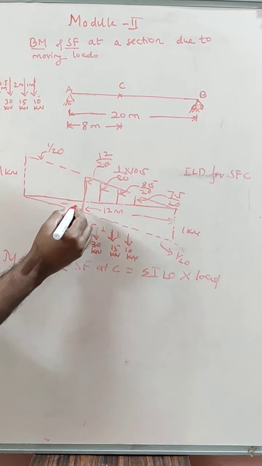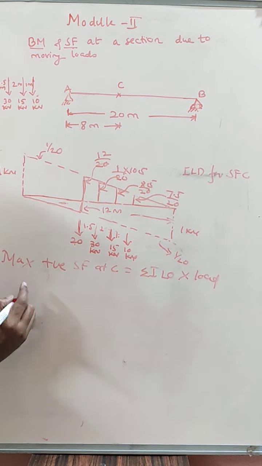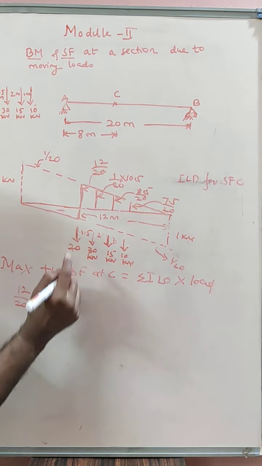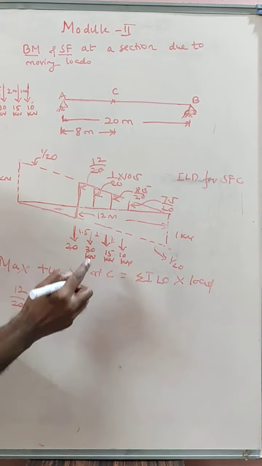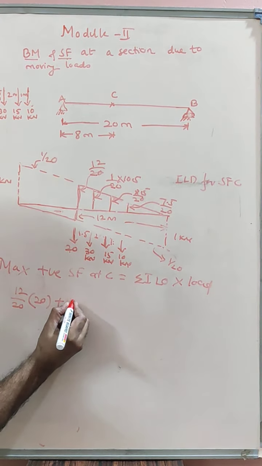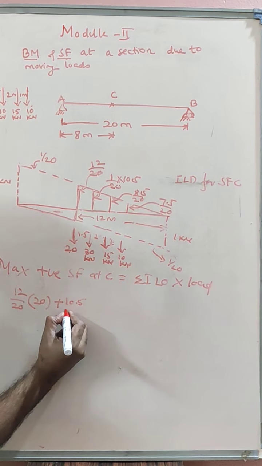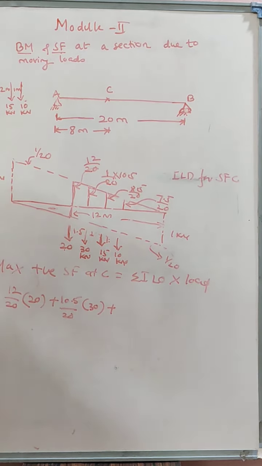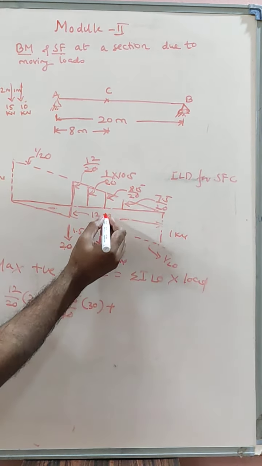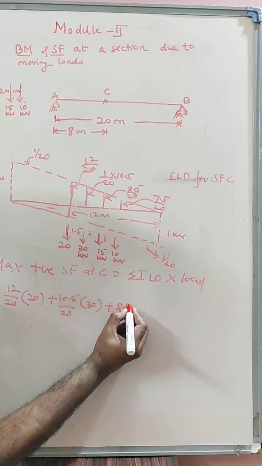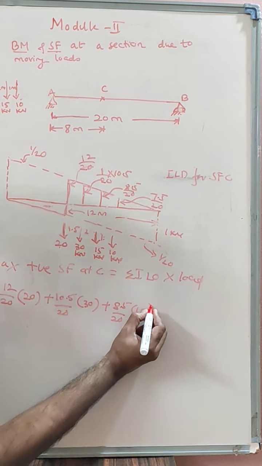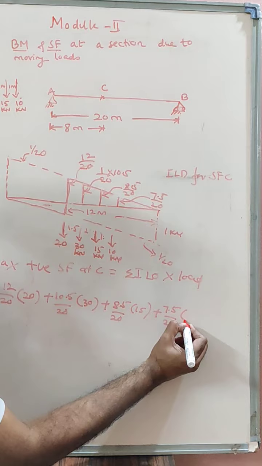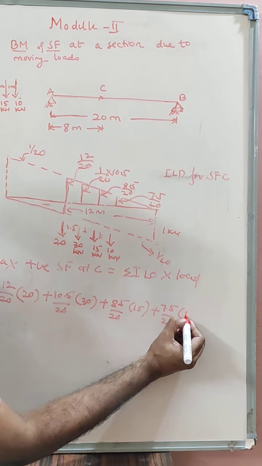Summation of influence line ordinate into load: first write down the ordinate itself. 12 by 20 into 20 plus 10.5 by 20 into 30 plus 8.5 by 20 into 15 plus the last one, 7.5 by 20 into 10.